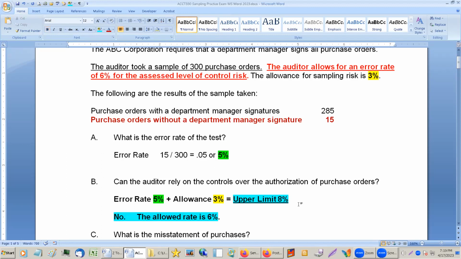So we would not rely on it. Now, you could take a larger sample and see if that error rate changes. And you get a more exacting number and you know which way this is going. And not only that, if you took a bigger sample, the allowances would shrink too, because you're more sure. If you just take a few of them, it's pretty wide.